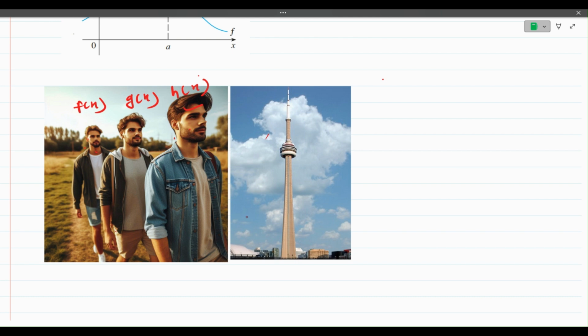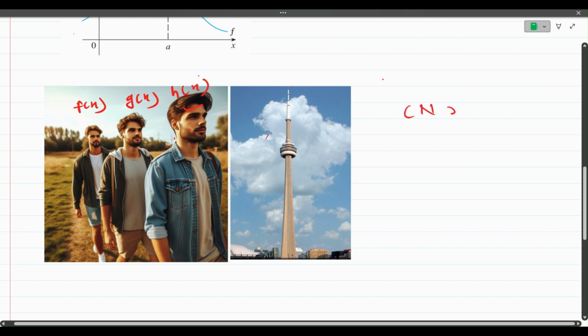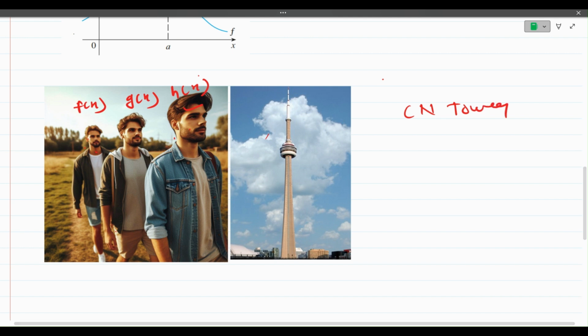And he says that I'm near CN Tower, Toronto, but I have not reached CN Tower, but I'm near CN Tower. And then we call f of x and we ask him about his location at the same time. And he says he is also near CN Tower, but not exactly at CN Tower.